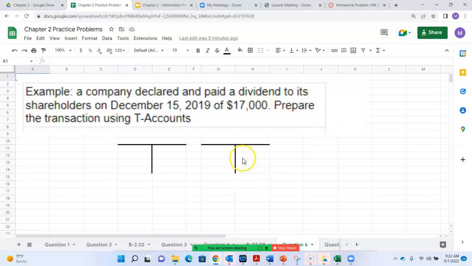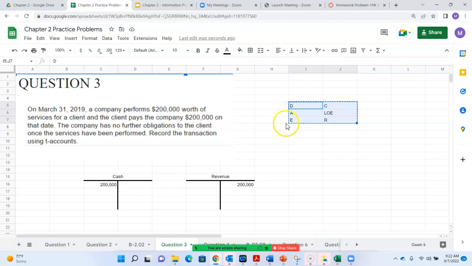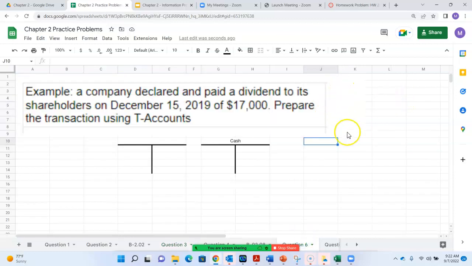Okay, so clearly cash is going to be impacted. Cash is coming out of the company. Cash is an asset. To increase an asset, we debit it. Therefore, to decrease an asset, we must credit it. So we're going to decrease cash by $17,000.